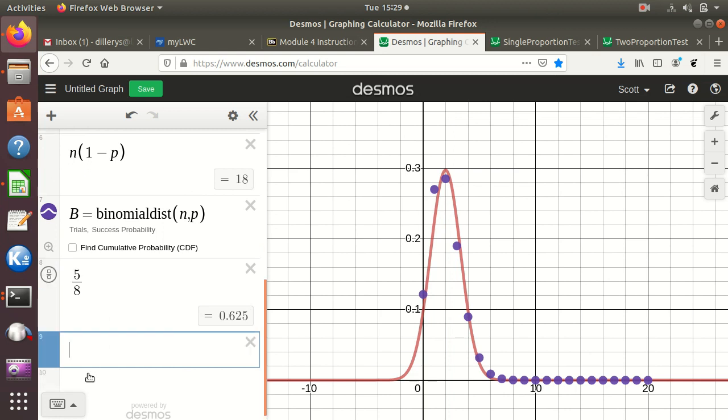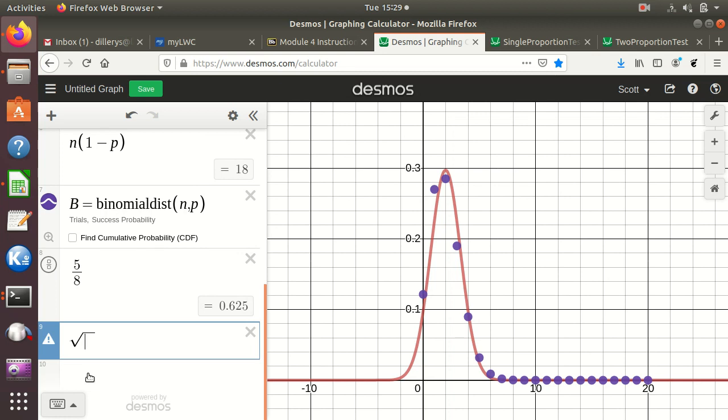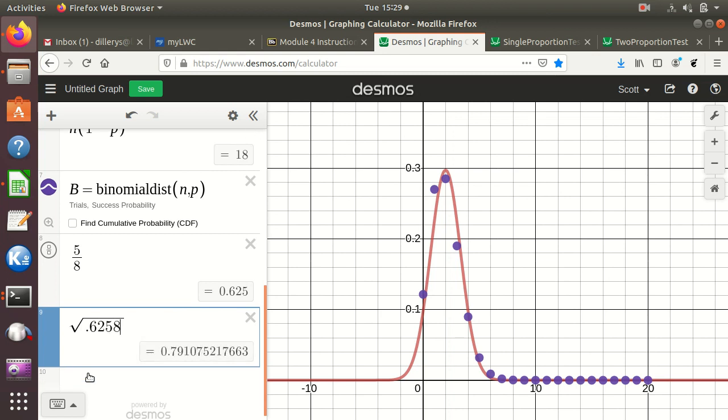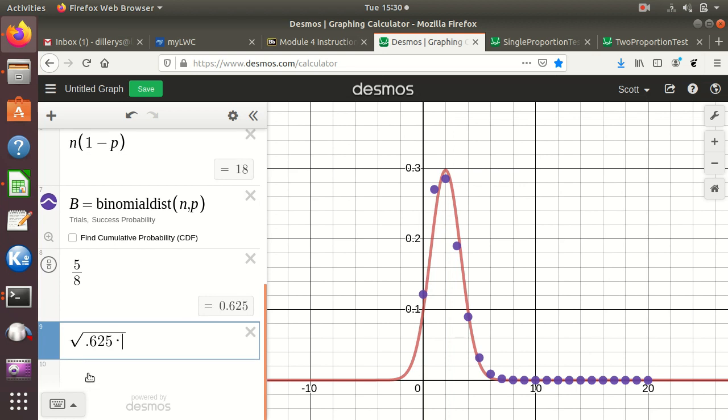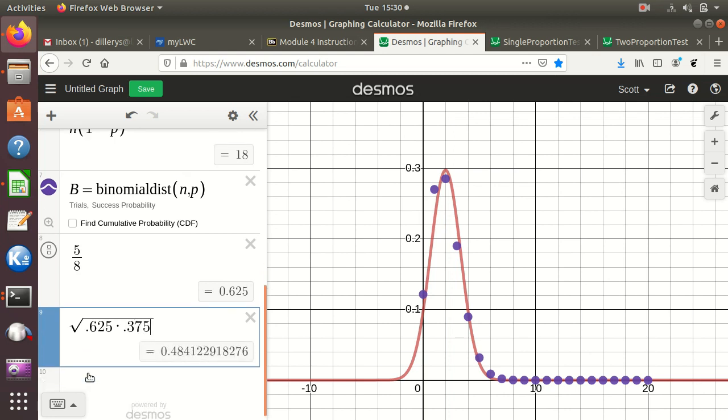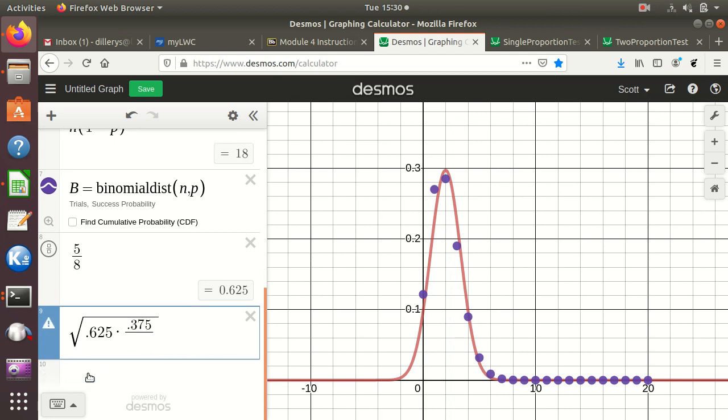So here's my square root, and I have 0.625 times 1 minus 0.625, and that's 0.375, and then divided by 8, and that is 0.1716. And so we've got our standard error.